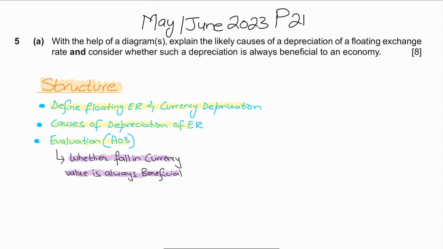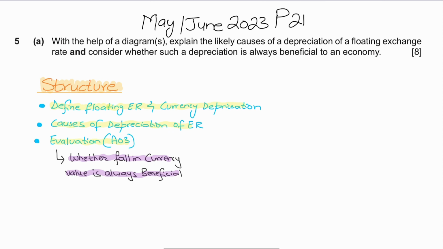Under this system, that is a free floating exchange rate system, the currency value is allowed to fluctuate freely because the central bank is not going to intervene to manipulate the value of the currency.